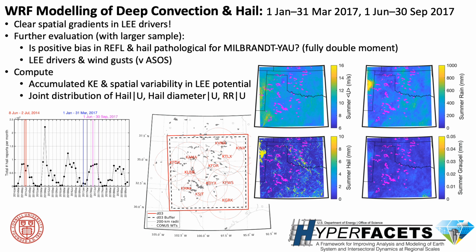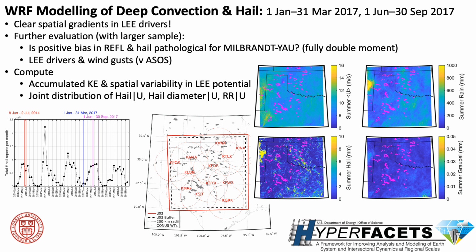So we then conducted a 3-month period over the early 3 months of 2017, so a low hail occurrence period shown here in this time series. This is hail reports per month. So we did a winter period, a low hail occurrence, and then 4 months during the summer.